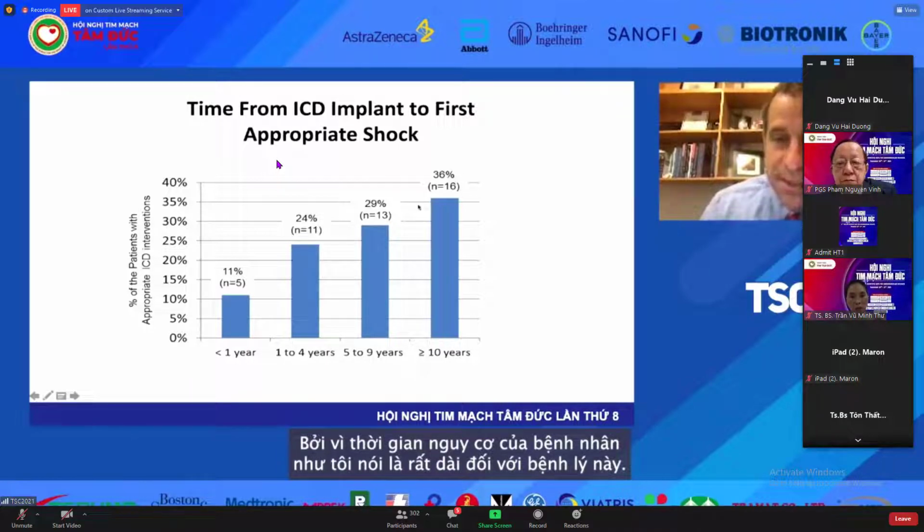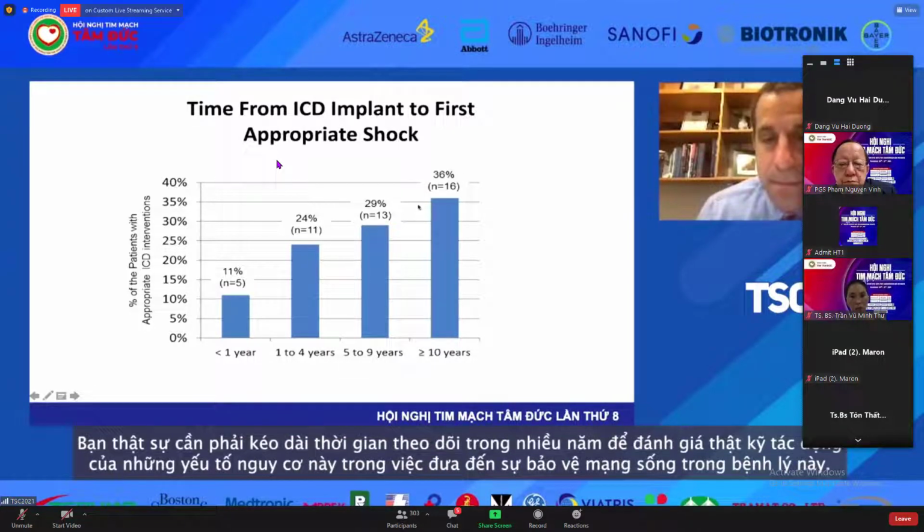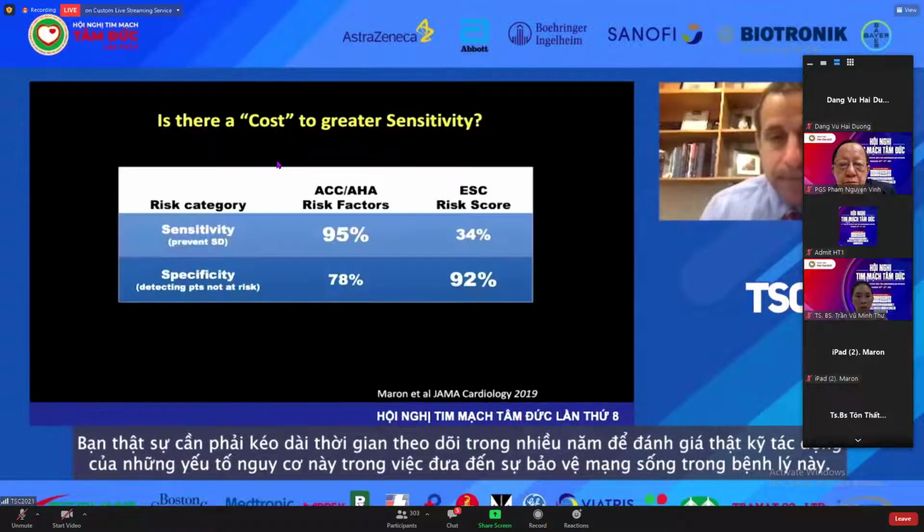You really need to extend follow-up out many, many years to really appreciate as much as we can the impact of how these risk markers lead to protecting lives in this disease.